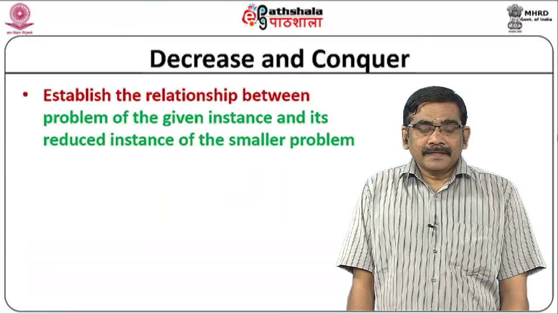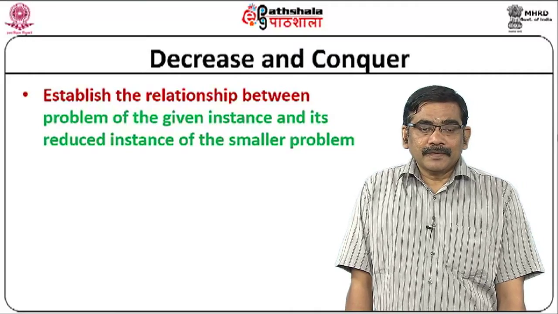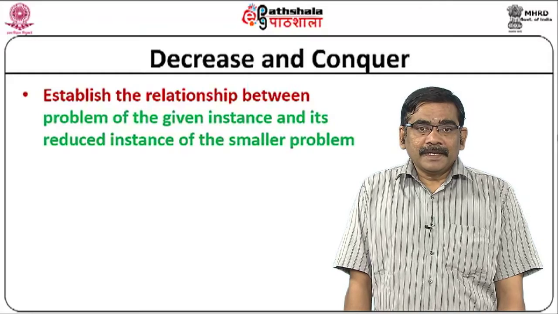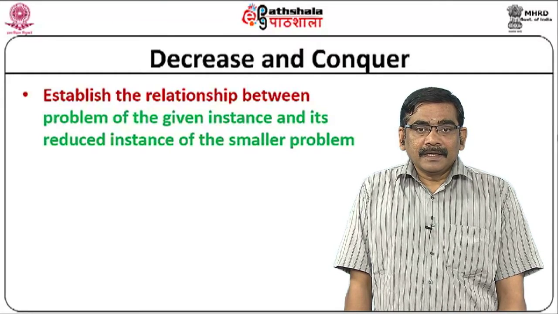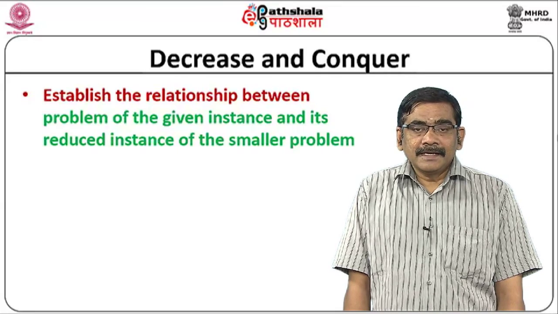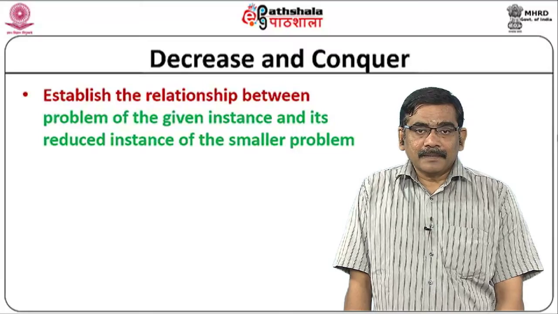As we said earlier, the decrease and conquer design paradigm is one of the most important paradigms, where we try to establish the relation between the given instance of a problem and its reduced instance of the same problem.